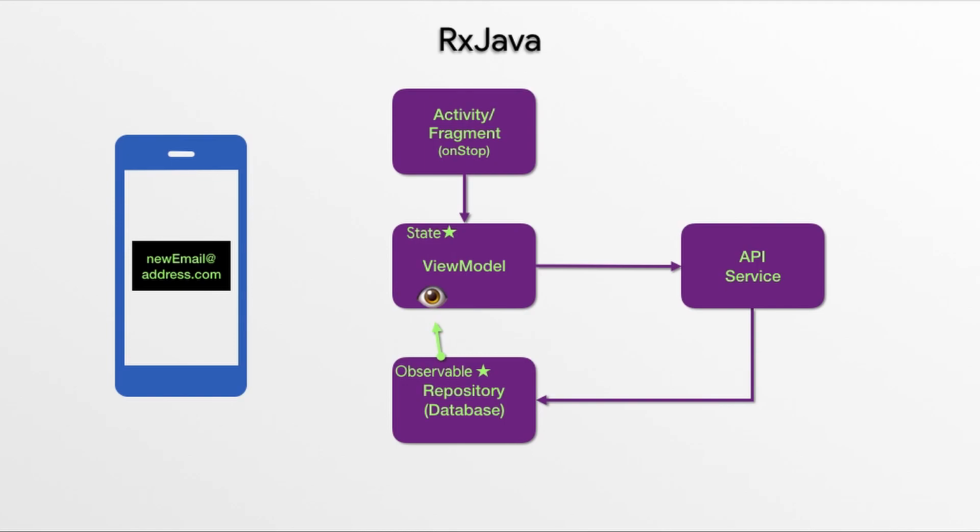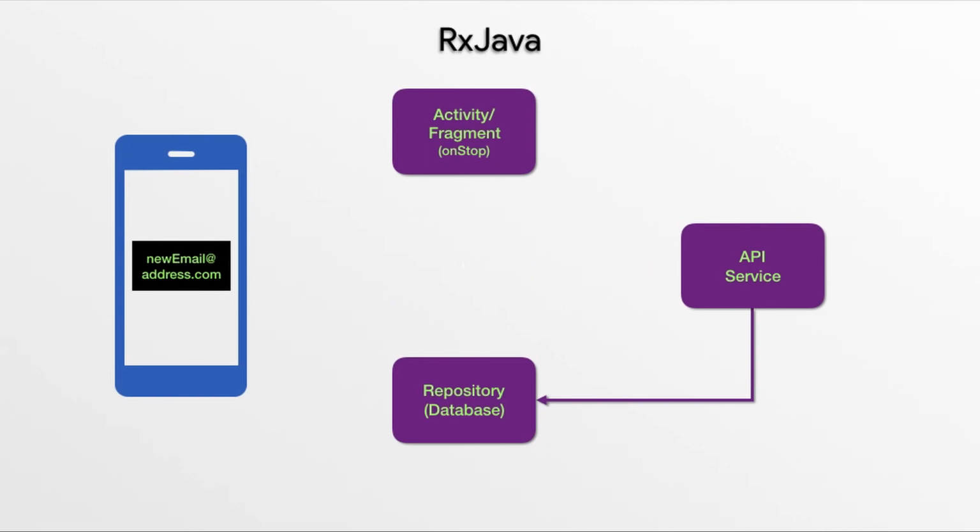Anything that uses RxJava, you need to be aware of the lifecycle so that you can say disposables.clear, and then now the ViewModel is informed that it needs to clean up, and then you run the clean function or the clear function or whatever you're using. And this informs the repository, the Room database, that your observable is no longer being observed. You can clean up, everything is fine now. And then the memory cleanup should happen more or less as before.